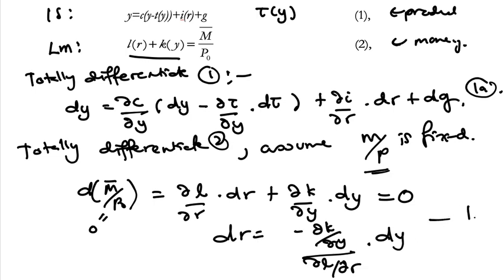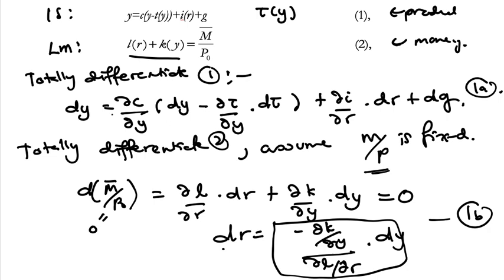Let's call this one 1b. Alright? Now what do we need to do here? We need to combine these two, 1a and 1b. How do we combine it? You look here, dr equals the whole thing here. If you look at 1a, the total differentiation that you made, do you see any dr here?